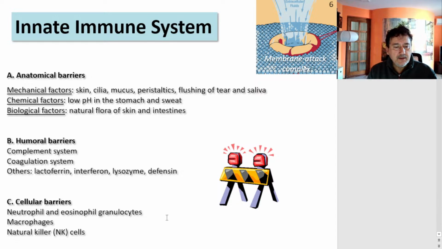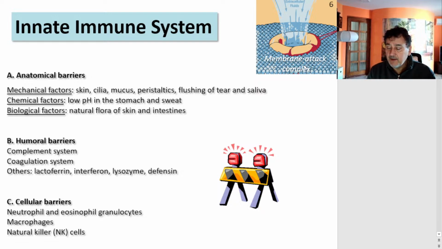There are also cellular barriers, including the neutrophil and eosinophil granulocytes and the macrophages. Macrophages have two important functions. One of them is the elimination of bacteria by phagocytosing them, eating them and degrading them.